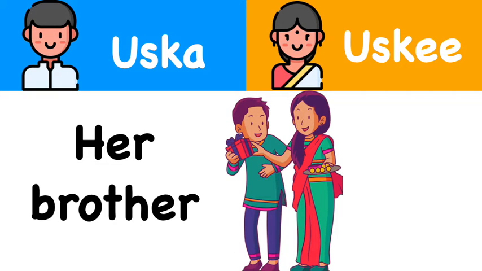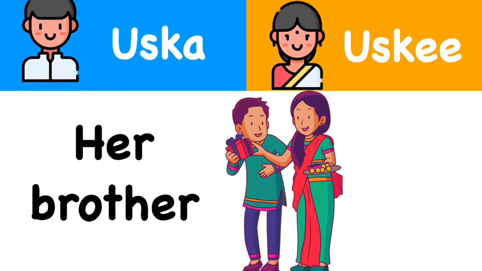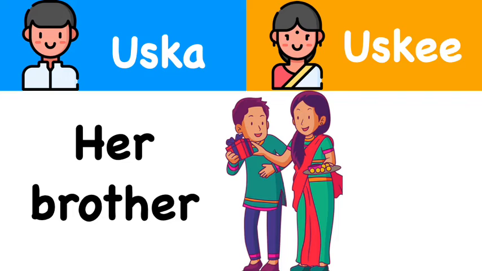So we just did his brother. Now let's do her brother. What would this one be, uska or uski? Well, the word brother is a pull noun. So we would use uska again. So see, it's not so obvious, is it? Because the word brother is the word that you use to determine which word to use for the her or the his.